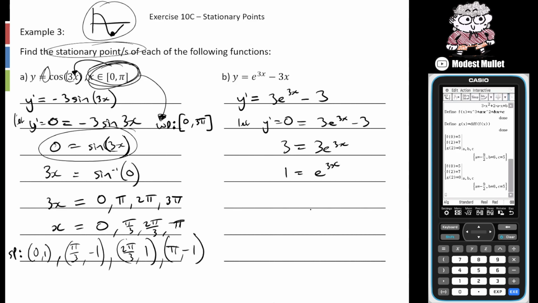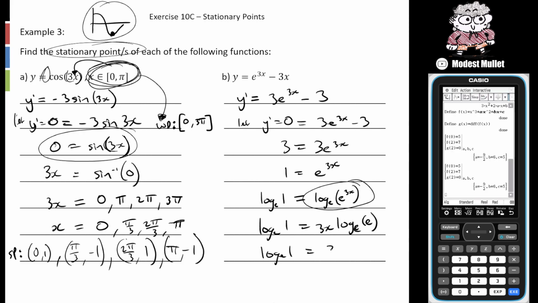Take the natural log of both sides, so log base e of 1 is equal to log e of e to the 3x. I'll write it out as a reminder of how this works. Using log laws, we can take that power out to the front: 3x log e of e, and log to the base e of e is just 1, so we get log e of 1 is equal to 3x.